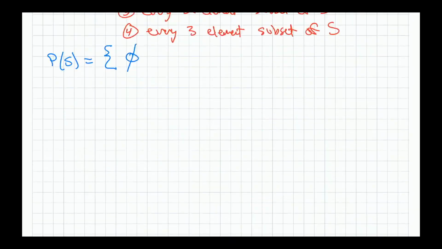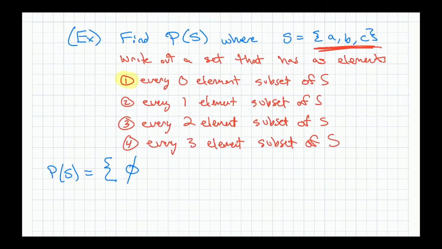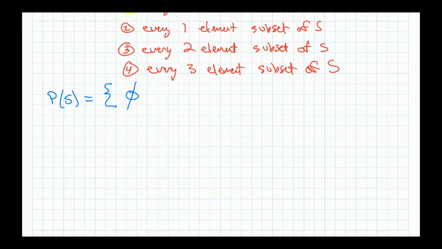So the 0 element subset is the empty set. So you're actually going to have an empty set in every single power set, right? So this is the 0 element subsets. All right, move on.